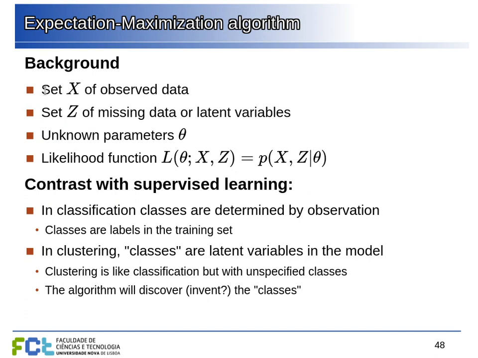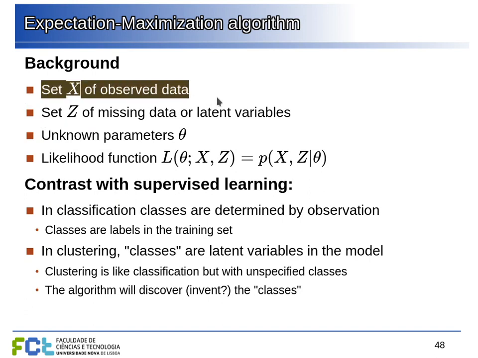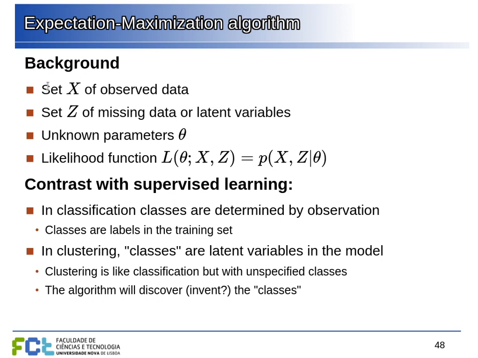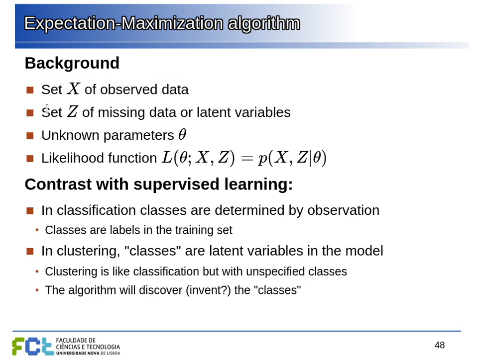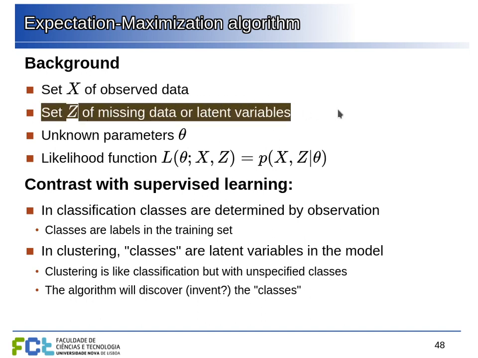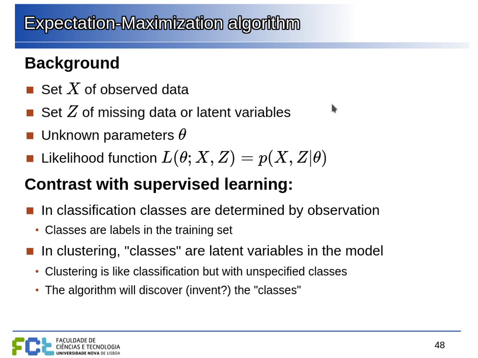We have this set of data, but in supervised learning we could observe the features X, and we could observe the class labels Y. Now here we are going to call the labels Z because these are latent variables. They are not observed by us, so we don't know what membership is at the start between each point and each cluster. So this is the Z set of variables that we don't know.